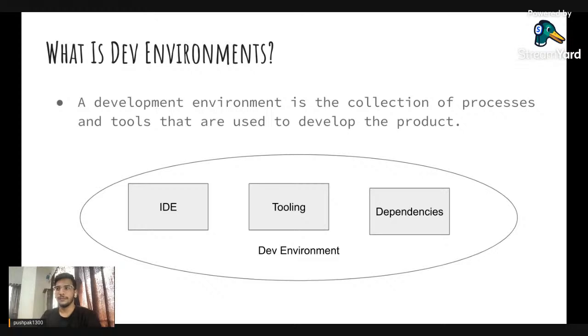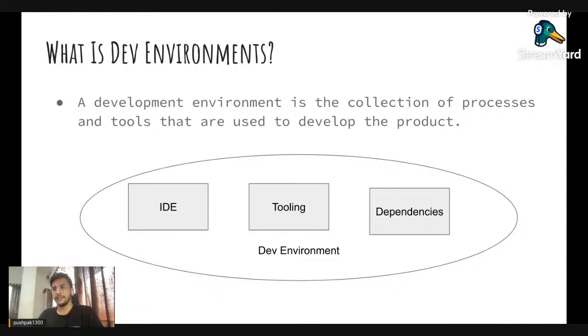That is a very high level definition of dev environments. But if you want to define it, it's a collection of processes and tools which you use to develop the software or the product, right? A dev environment can consist of your IDE plus your tooling, for example any debuggers or style fixers, and how you manage dependencies as well.